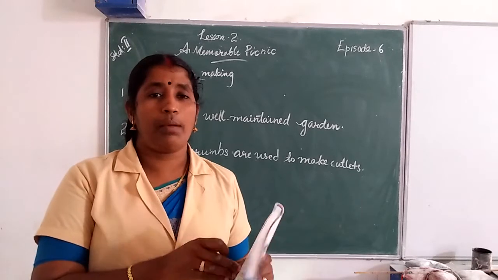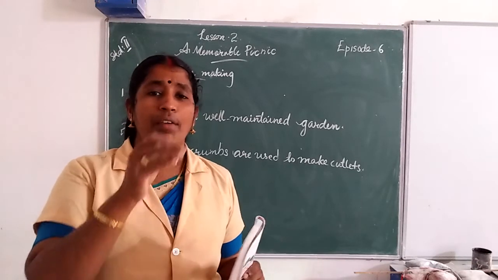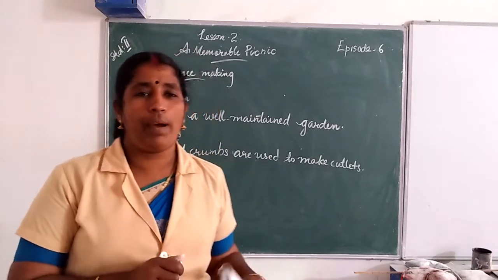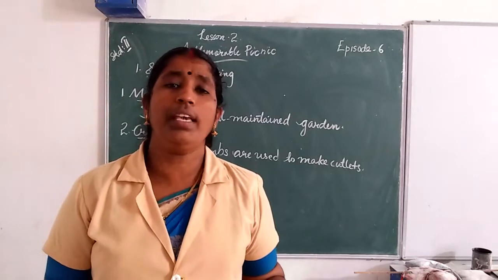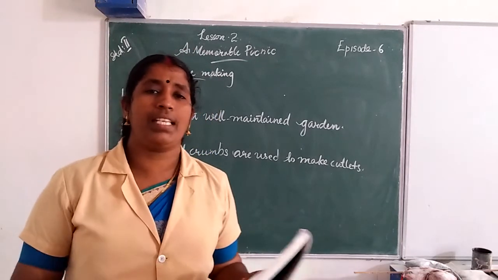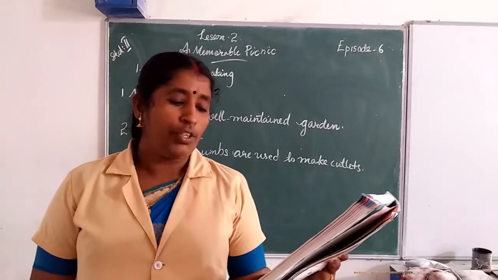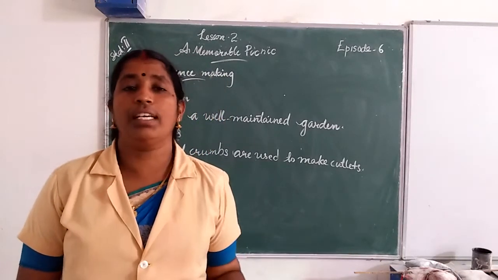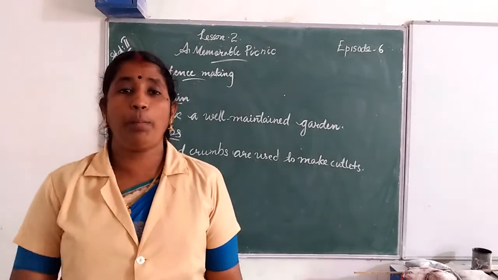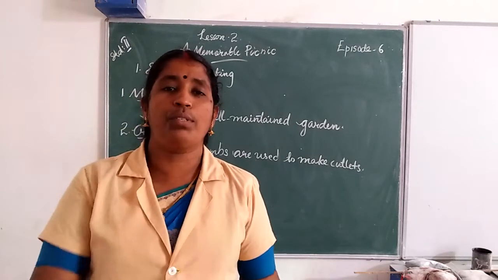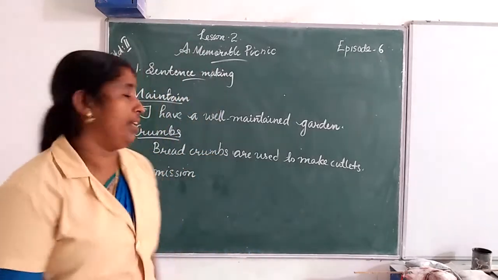Here in this chapter, the elders give permission to go to the park. Permission means consent or approval to do something. Let us make a sentence. Don't play outside without permission. Don't go outside without permission.